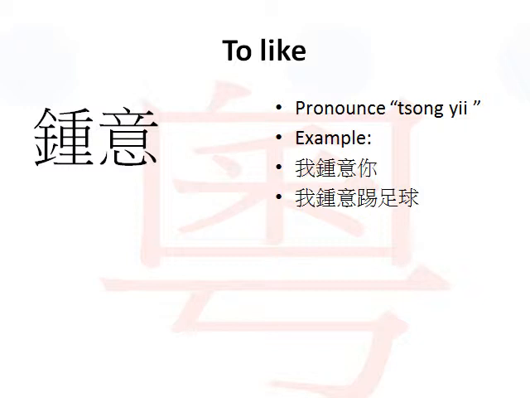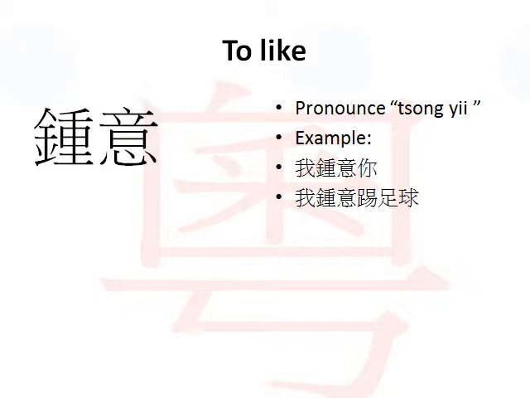Examples. If I want to say I like you in Cantonese, it would be 我中意你. The next example is I like to play soccer.